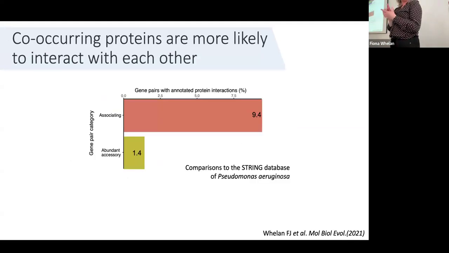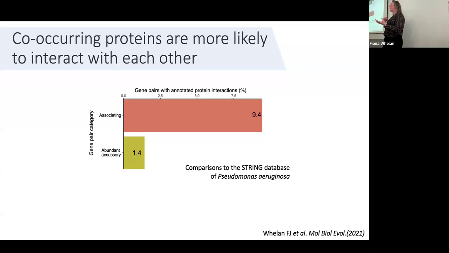And similarly, we see that co-occurring proteins, as the products of these genes, are more likely to interact with each other as well. We had a lot less data here to start with. You'll see the numbers are a lot lower because we're relying on the STRING database. So we're relying on the protein products of these genes to have been studied and put into this database.